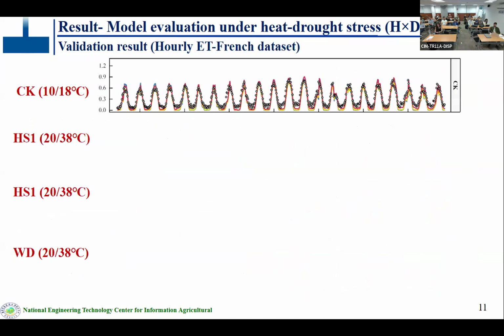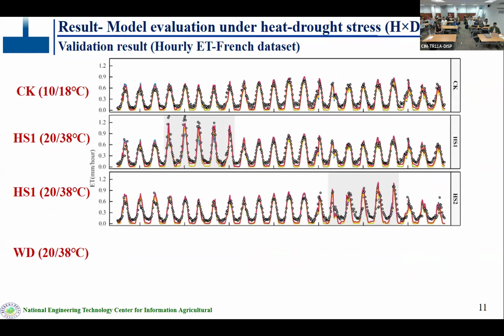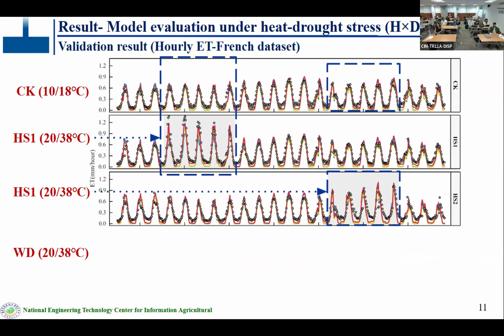And besides, we also got some ET data from the literature. They set different heat shock treatments and drought treatments, and for the heat shock during different periods, our newest model can quantify the effect.